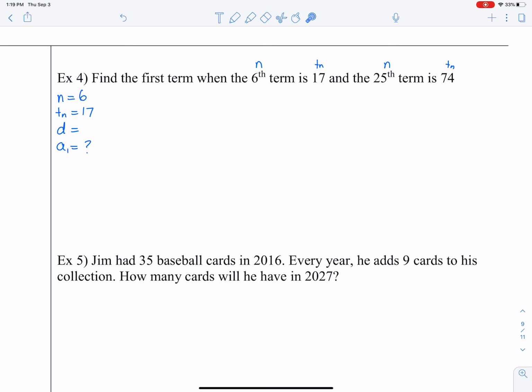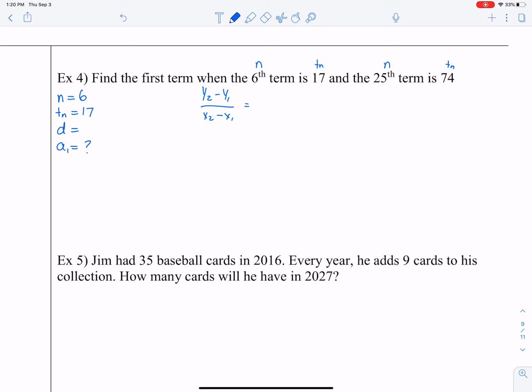We need to know how much the tn has changed, and we're going to divide that by how much the n has changed to calculate how much it's going up each time. And we can use our old formula that we used for rate of change before, y2 minus y1 over x2 minus x1.